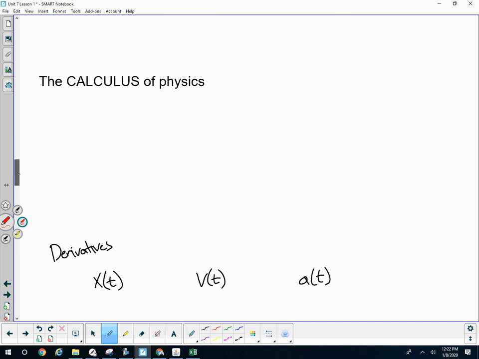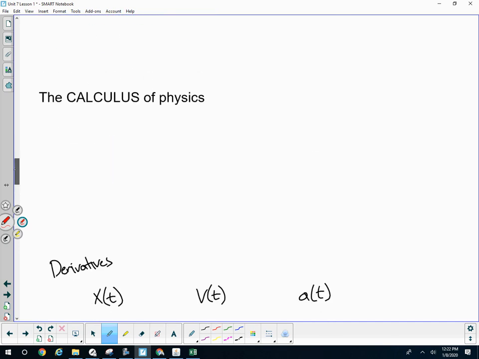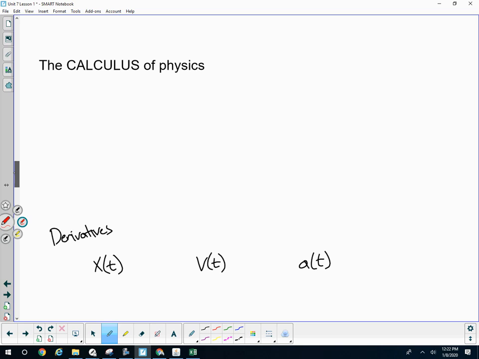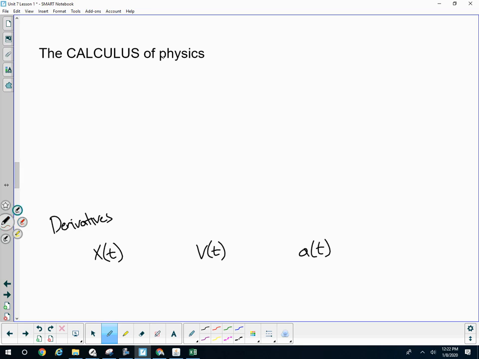So here's the key. Here's the calculus of motion. It's not really a physics. I should have said the calculus of motion. Slopes give us change, right?